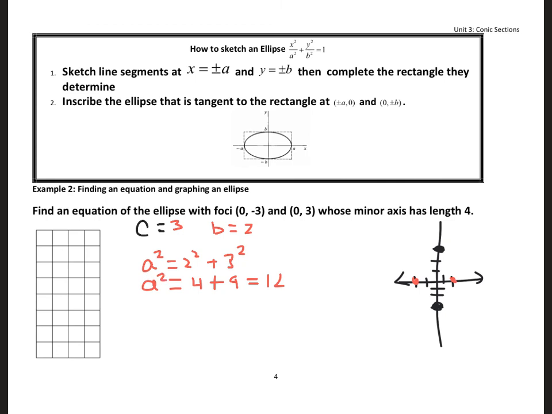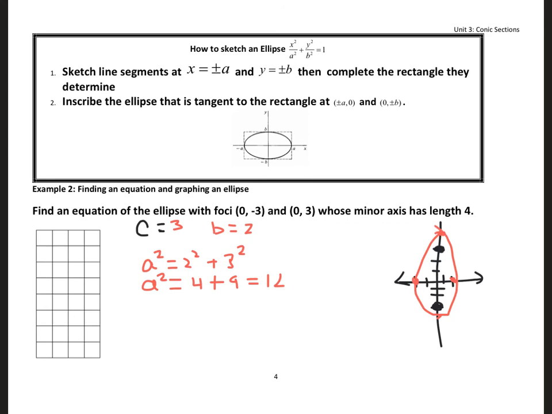And then the next thing we need to know, do we have the equation? We know a squared, we know b squared, and the equation just becomes, a squared is 12. So square root of 12 is going to be 3 point something, which is about there, and then we will be able to sketch it.